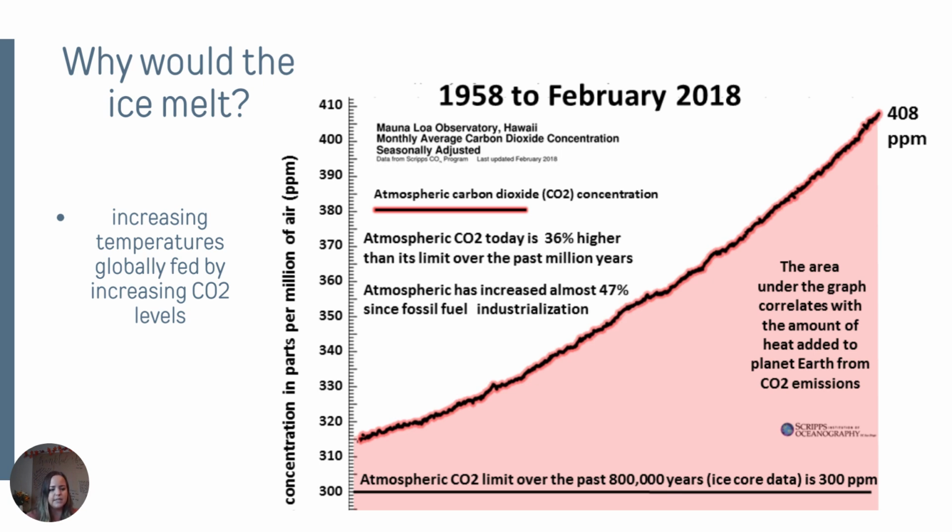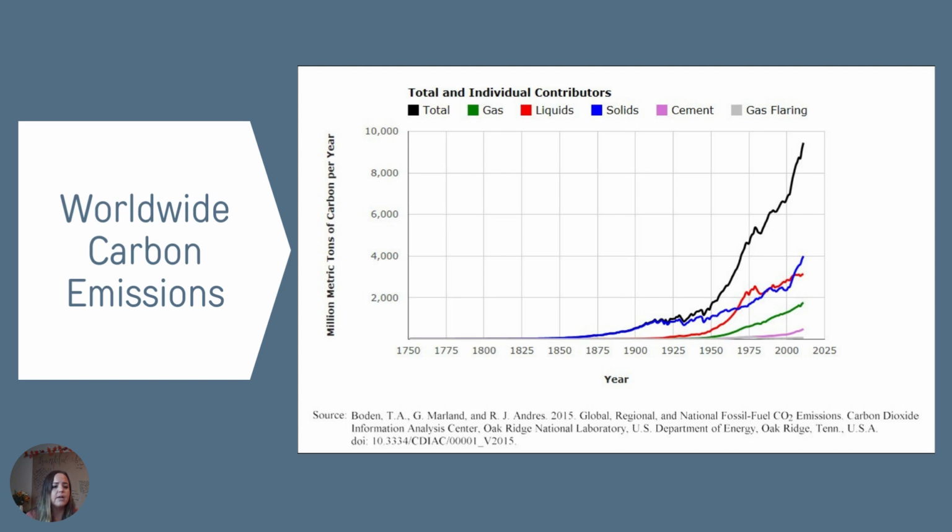But we might be at a tipping point where we've already tipped the scales too far, and all the glaciers, they're going to melt when they're going to melt. It's just a matter of trying to buy us time, essentially, at this point. But looking at worldwide carbon emissions from the early 1900s to today, you can clearly see that there's been a significant spike since the Industrial Revolution.